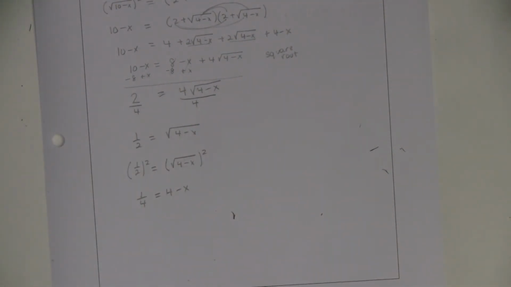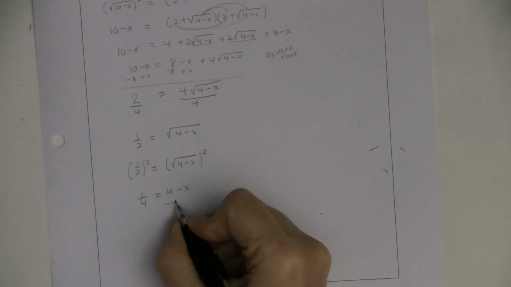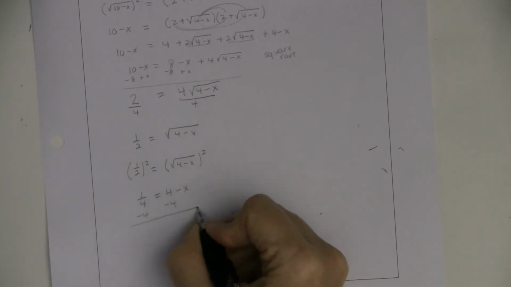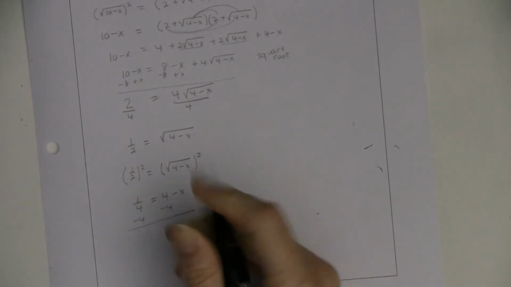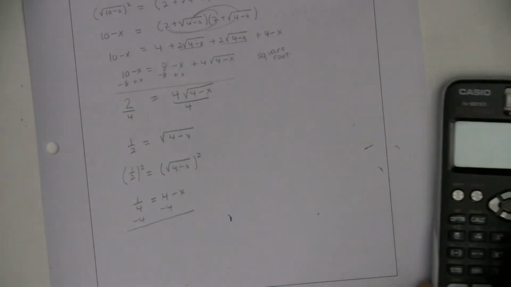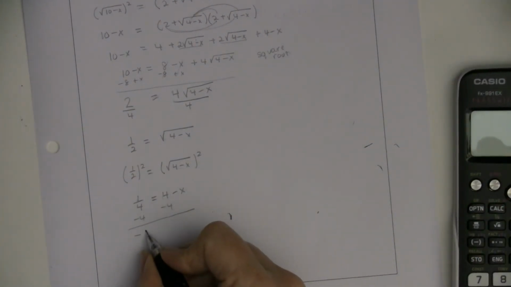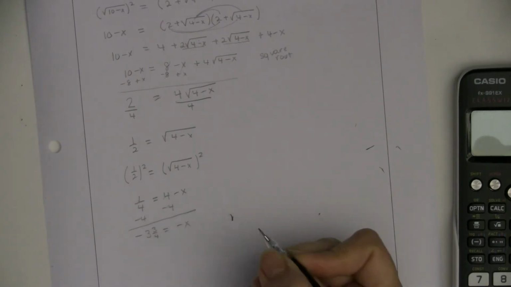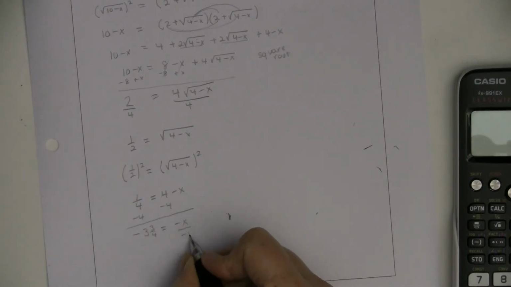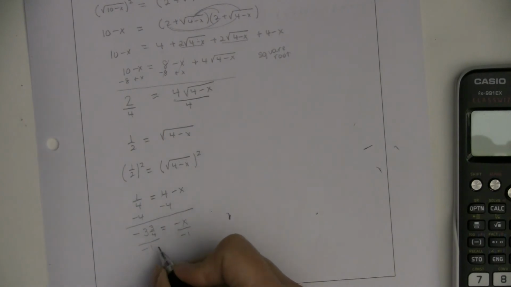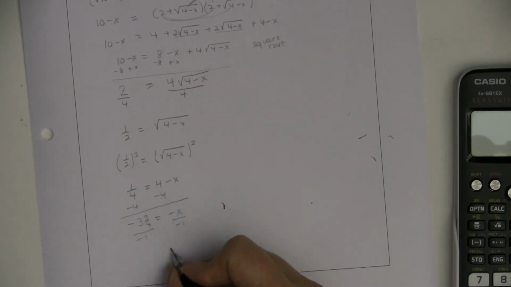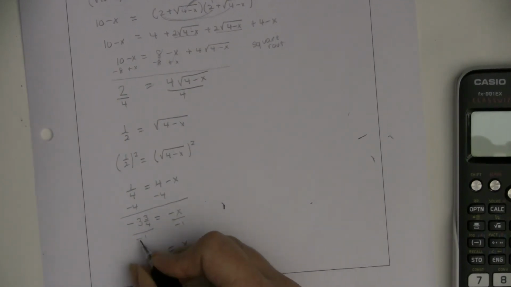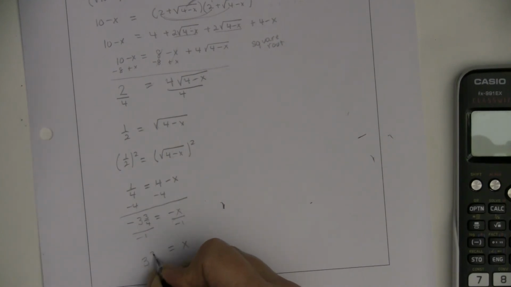And then, this is linear, so I'm going to get them separated. I'm going to take away 4 from both sides. 1/4 take away 4. You can use your head or your calculator. So if you're using your head and you say it's -3 3/4, wonderful, equals negative x. And I'm going to divide by -1. If you're using your calculator and your calculator told you that it was negative divided by negative, here is a positive, 3 3/4.